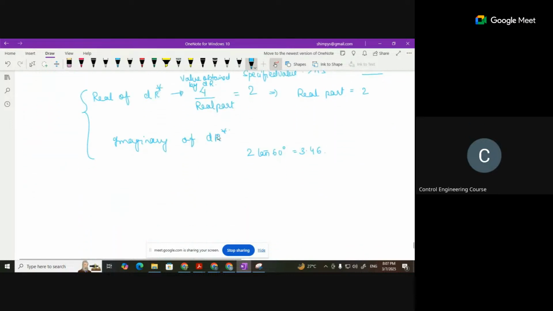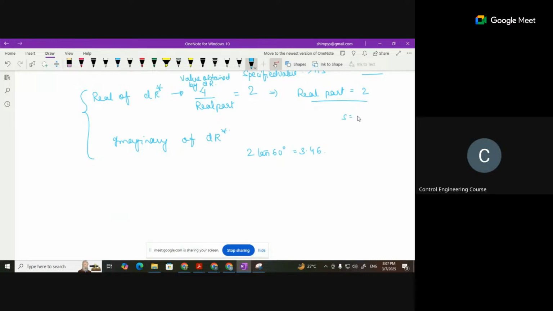Okay, so this gives real part as 4 by 2 equals 2. If the specified value is 1 second, then that will be 4 by real part equals 1. And then we can calculate the real part of s.